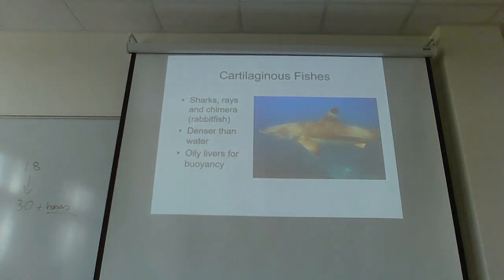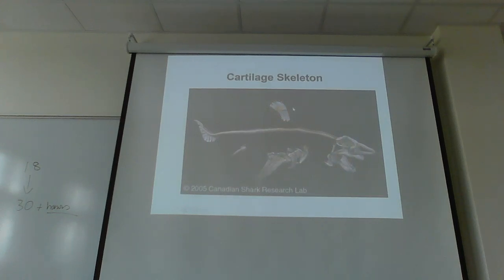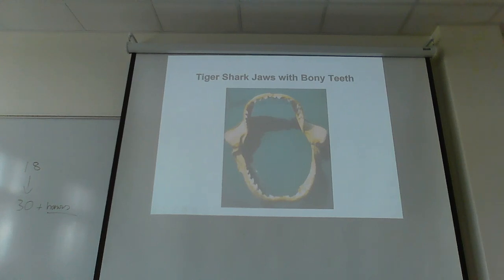They maintain their buoyancy thanks to a very oily liver. That guarantees their buoyancy in water, but they don't have any specific organ to aid in maintaining their buoyancy or going up and down very quickly. These are examples of the jaws and cartilage skeleton.